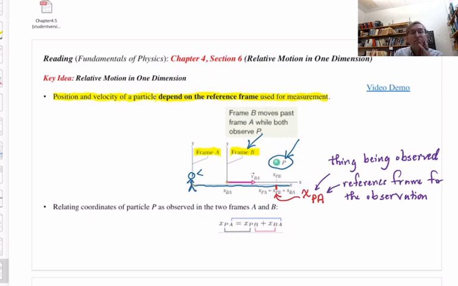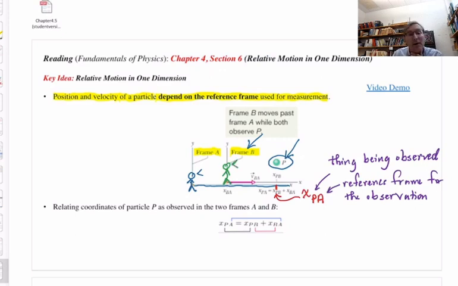All right. Now, what if our observer was in frame B? Let's bring on another observer. Now we have an observer here at the origin of frame B, looking out onto the world to see what they can see.